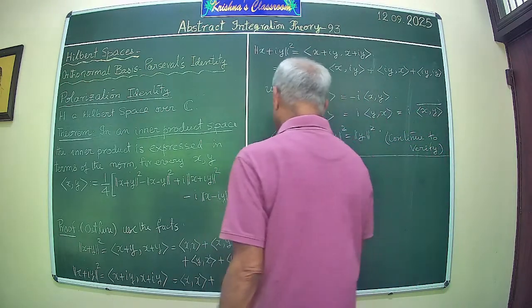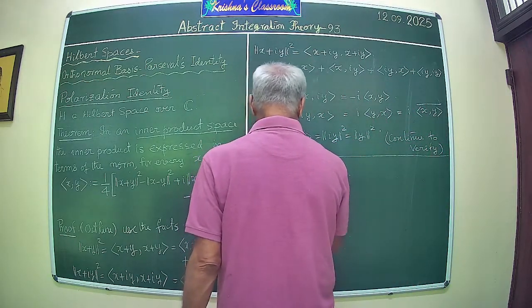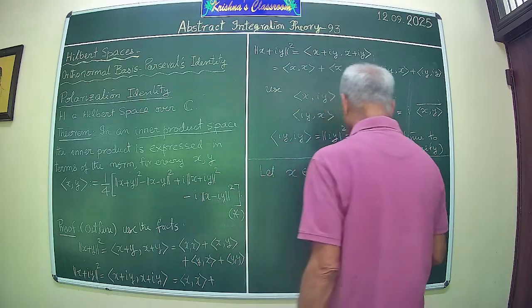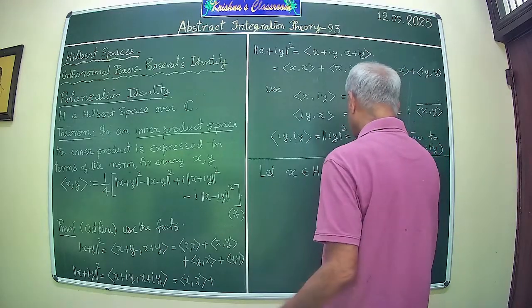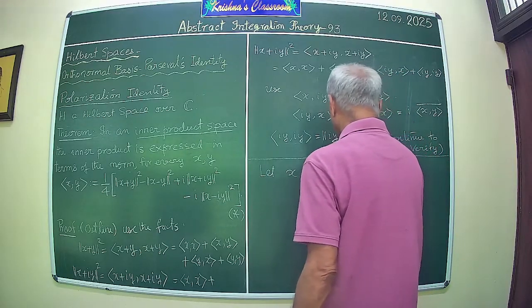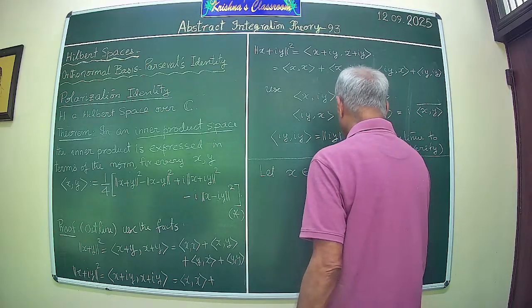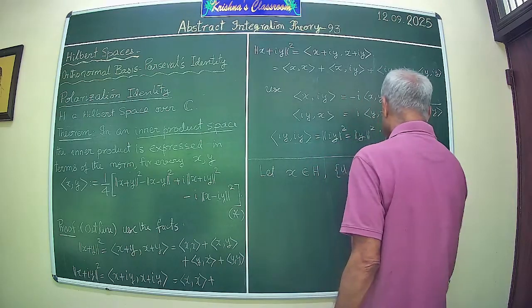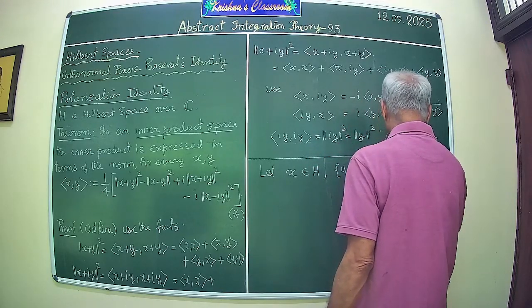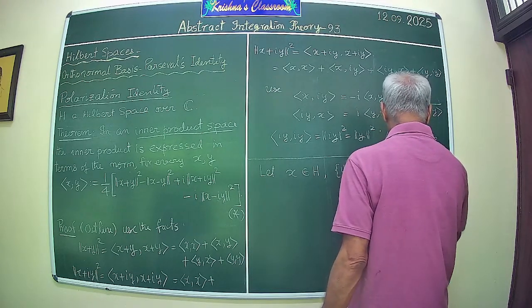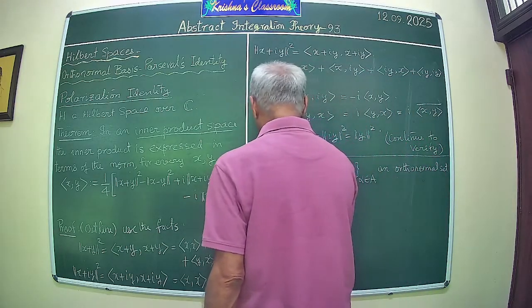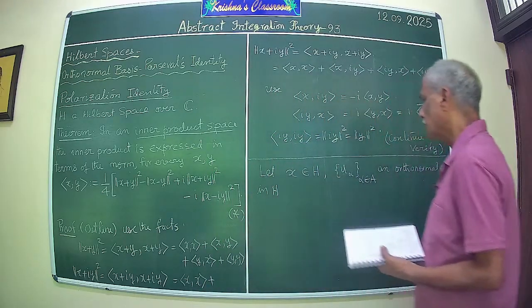So you have an x hat and h, the U alpha, A is an index set and an orthonormal set. Obviously, it is a linearly independent set.